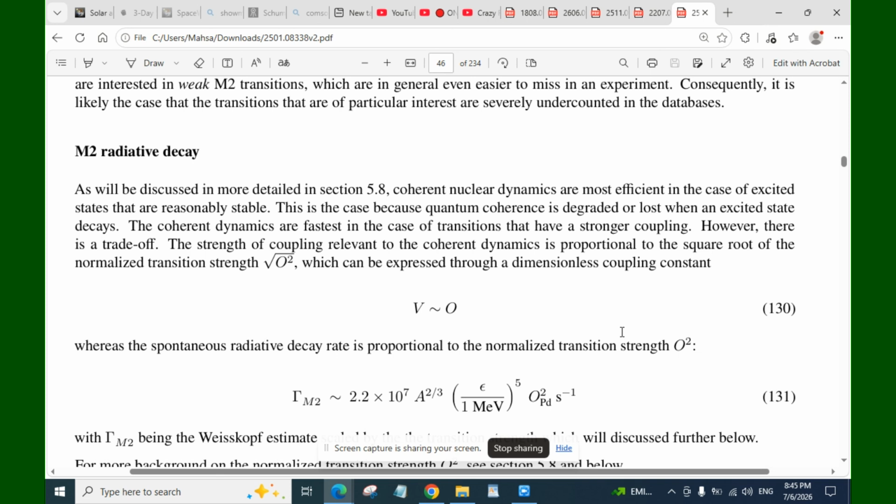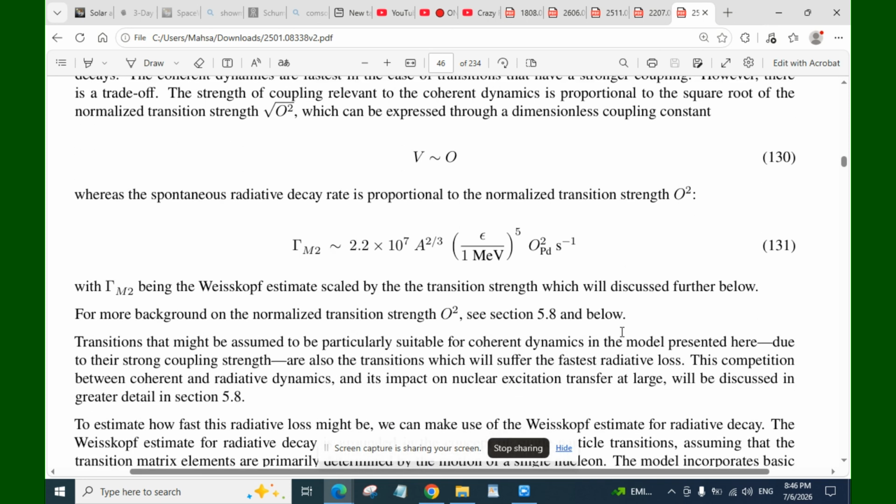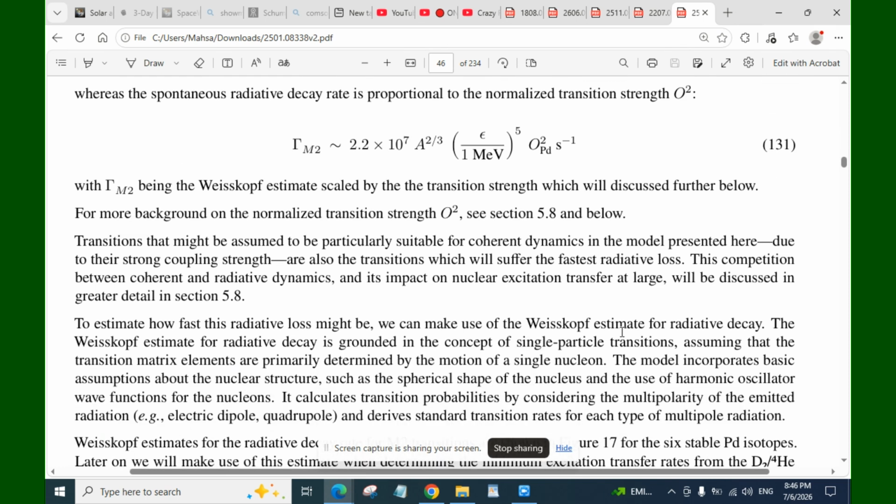However, there is a trade-off. The strength of the coupling relevant to the coherent dynamics is proportional to the square root of the normalized transition strength, O to the power of 1/2, which can be expressed through a dimensionless coupling constant V almost equal to square root of O, whereas the spontaneous radiative decay rate is proportional to the normalized transition strength O.